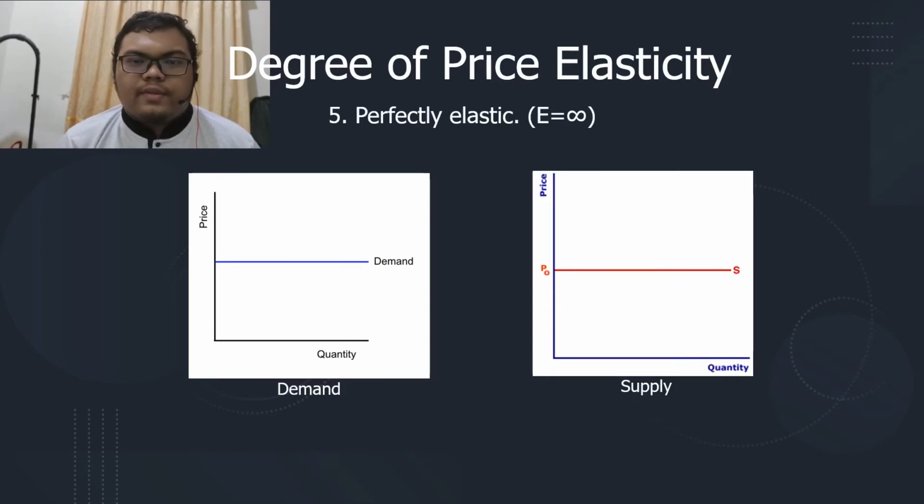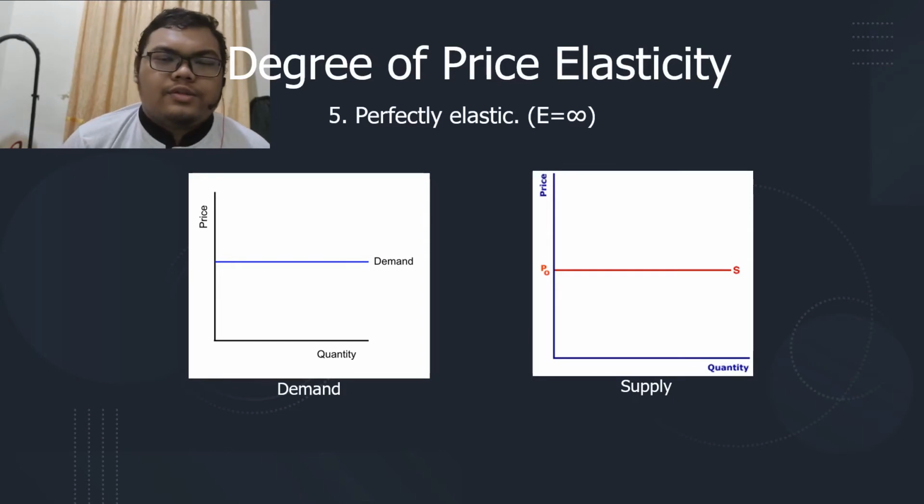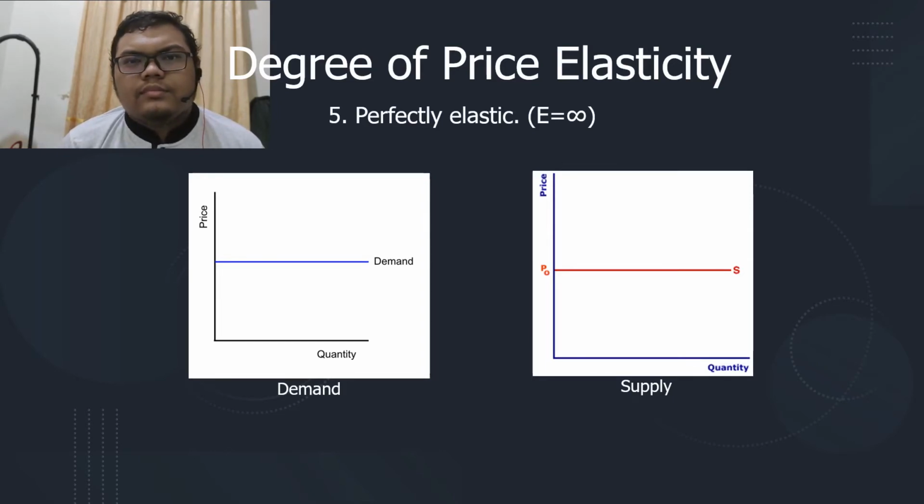For demand, consumers will demand the product if the price is fixed, but if the price is increased or higher, the product will not be demanded. For supply, if the price of the good is increased, the quantity supplied will increase infinitely.